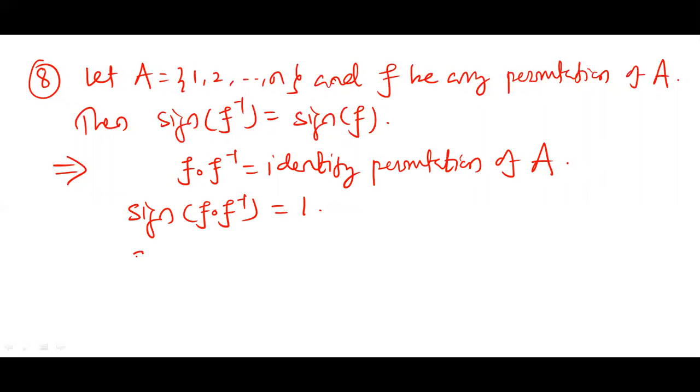And we have seen that the signature of f composition f inverse is equal to signature of f into signature of f inverse.